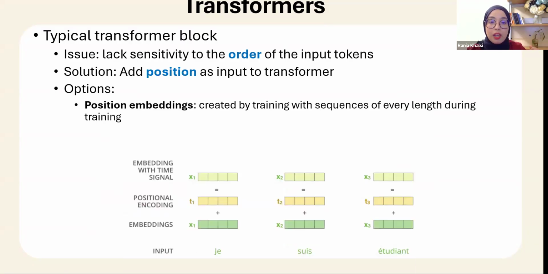So now, in addition to the standard input embeddings, we also incorporate what we call positional embeddings. Just to recall, for example here, "je suis étudiant": we have three tokens. "Je" is a token, "suis" is a token, "étudiant" is a token.